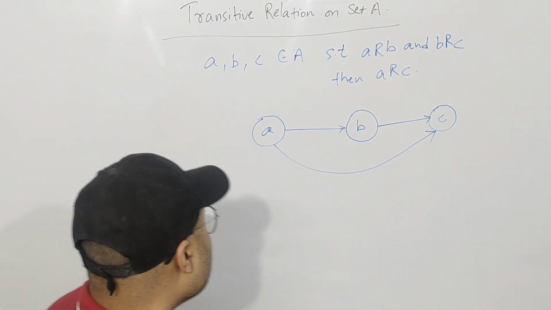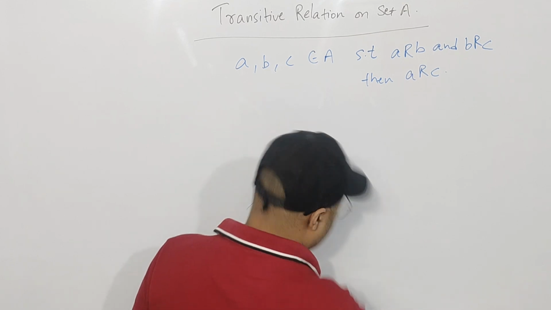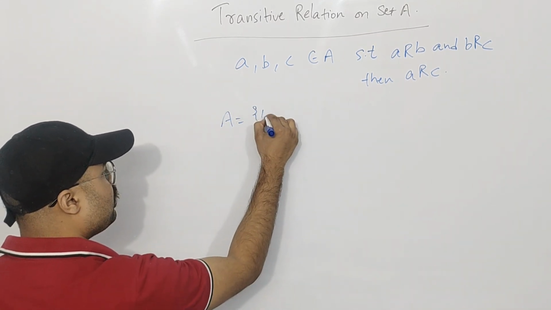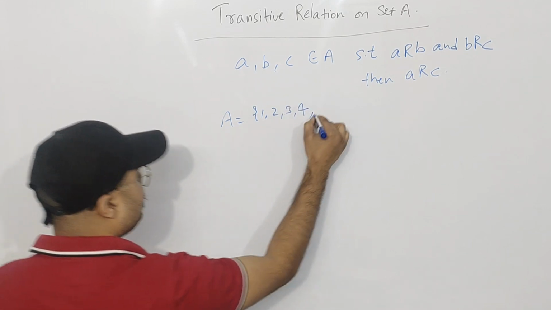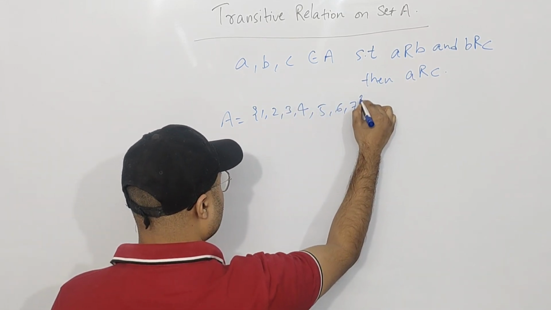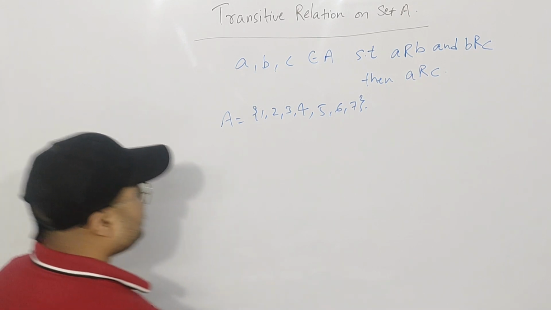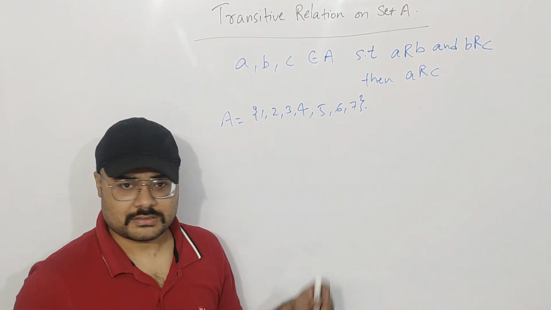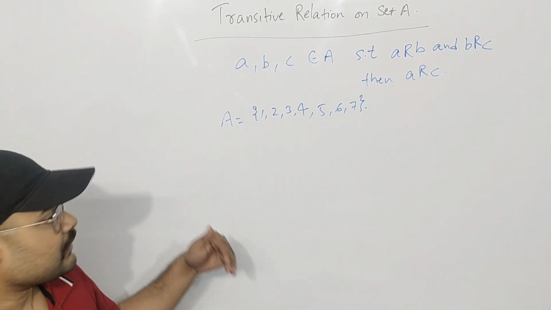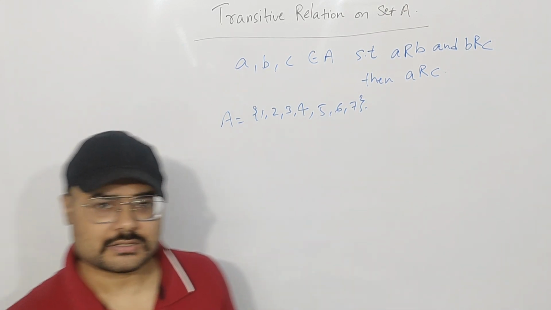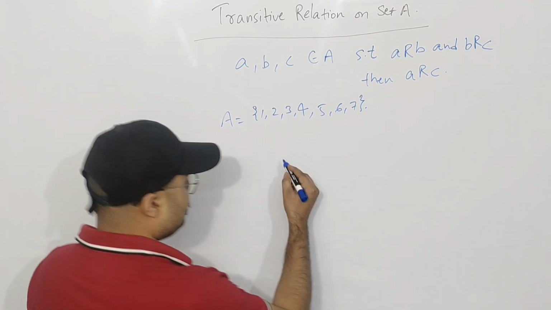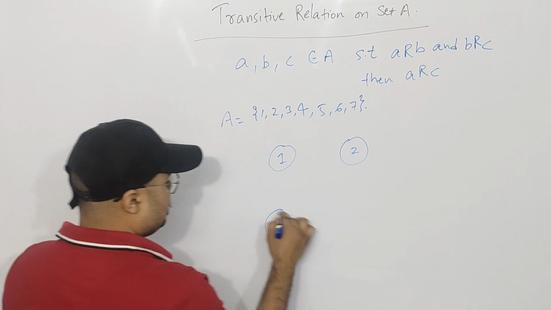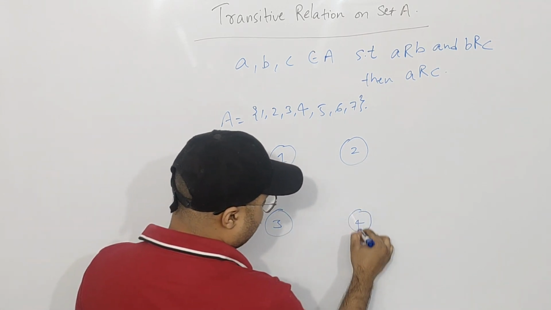Now let's take an example. A is equal to 1, 2, 3, 4, 5, 6, 7. For any relation R, if we represent it as a directed graph, then the vertex set is the set A. So let's say this is your 1, 2, 3, 4.